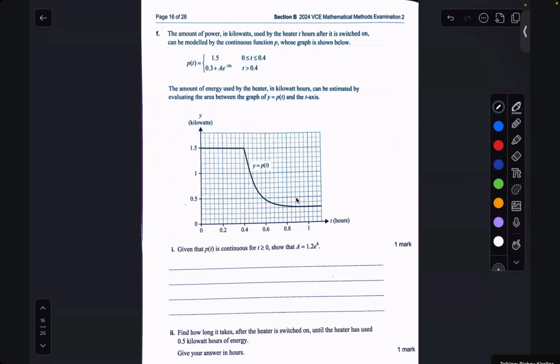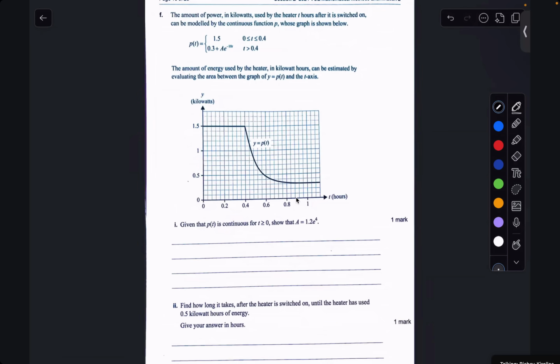The amount of power in kilowatts used by the heater T hours after it's switched on can be modeled by the continuous function P, whose graph is shown below. The amount of energy used by the heater in kilowatt hours can be estimated by evaluating the area between the graph of y = P of T and the T axis. Given that P of T is continuous for T greater than or equal to 0, show that A is equal to 1.2 e to the power of 4.